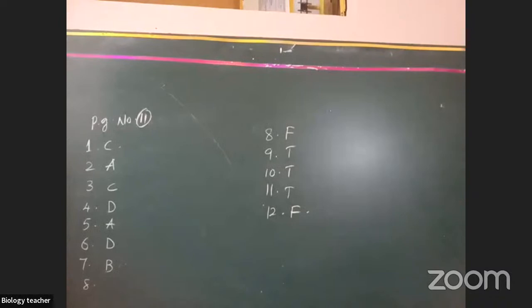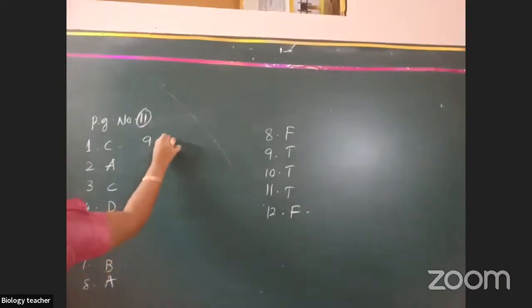Mango tree is also a plant, cellulose. Cactus is also a plant, cellulose. So which one is the exception here? Bacteria. So 8. So 9th one you see. Cell arises from pre-existing cell was stated by Haeckel, Virchow, Hooke, Schleiden. Virchow.